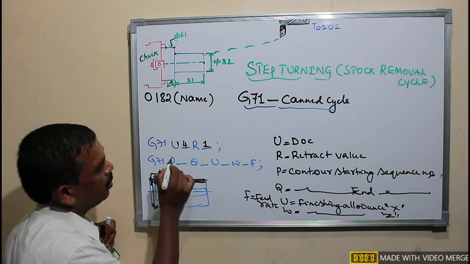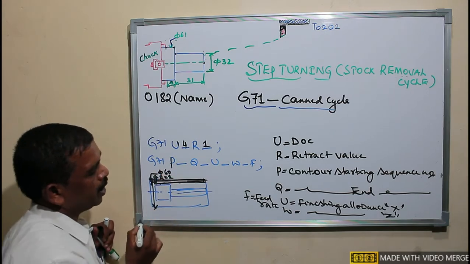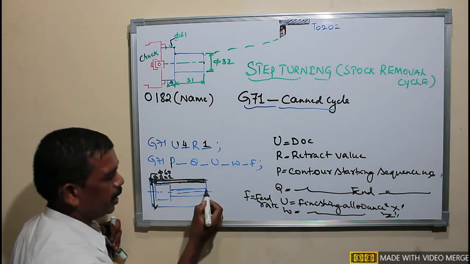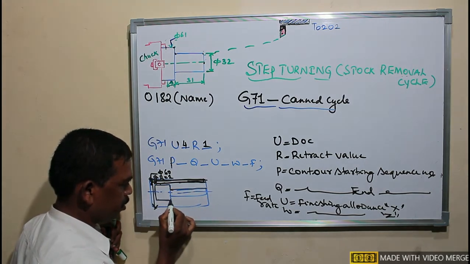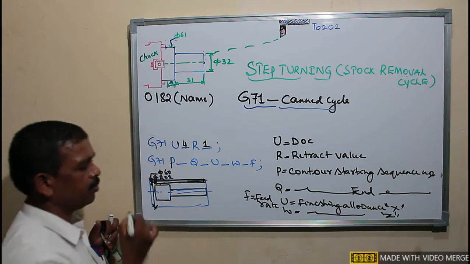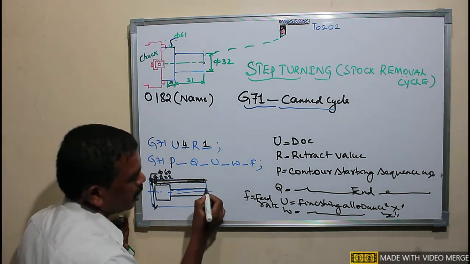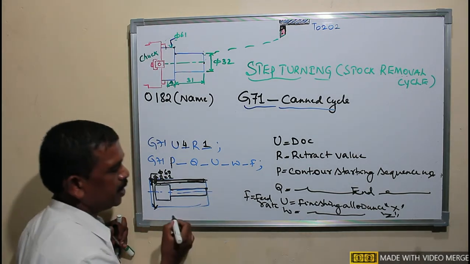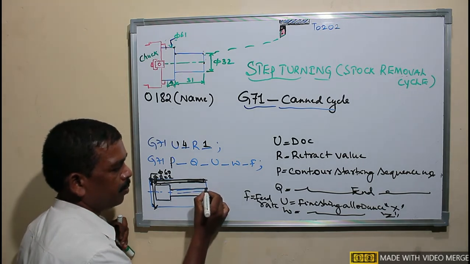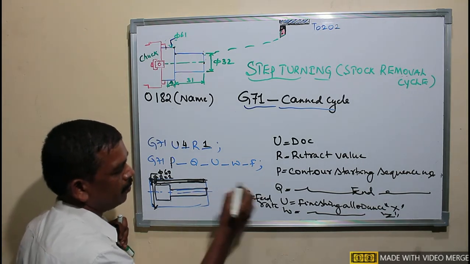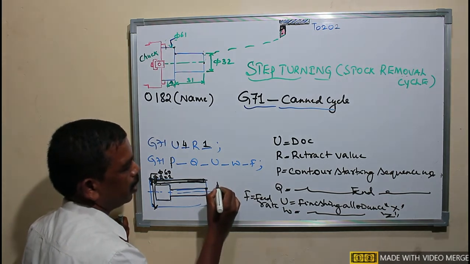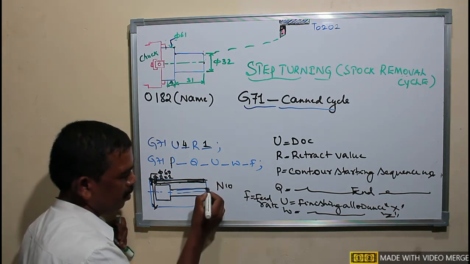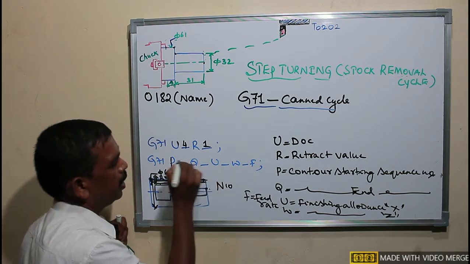And then P is the contour starting point. Contour means the shape of the workpiece we want from this raw material. The starting point of this workpiece is the contour starting sequence number. For example, if I write the program for this final shape, N10, I have to write 10 here.